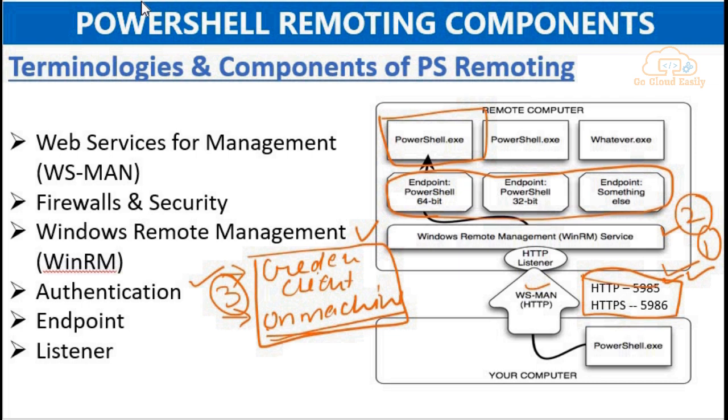And the fourth check is our remoting components should be enabled on the remote machine. So these are the four components. If any of these components is missing, failed, or not working, our remote session will not be established. Please keep this in mind and make it a thumb rule to check these four components first in case you are facing any remoting issue.